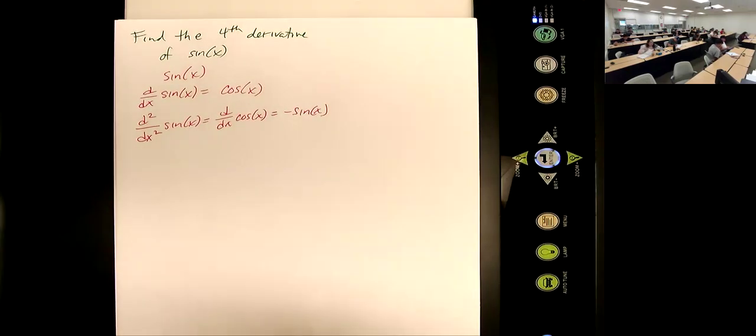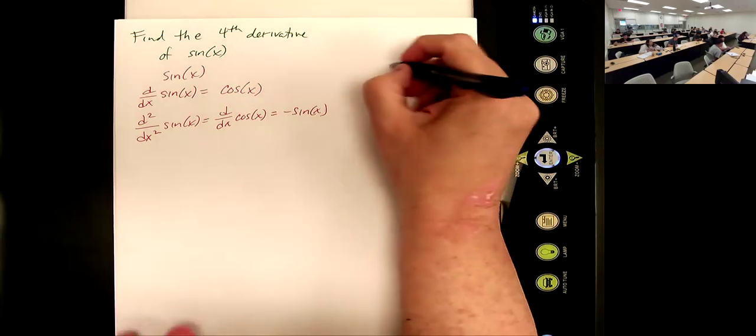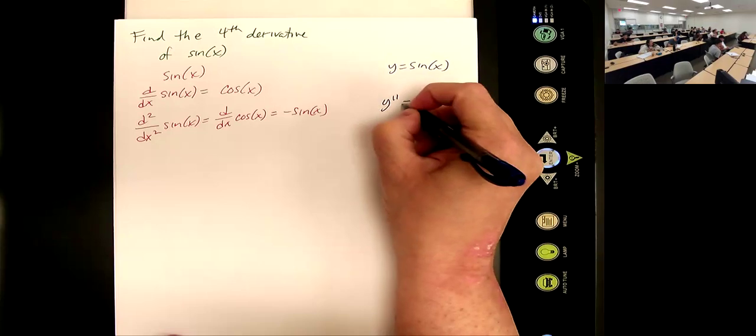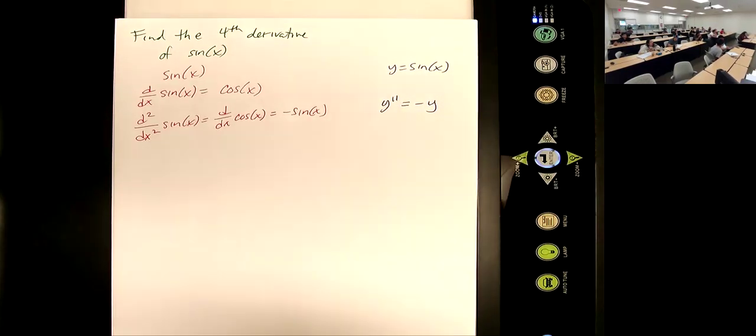So this is almost like saying y equals sine x, and down here y double prime equals negative y. That's kind of cool.